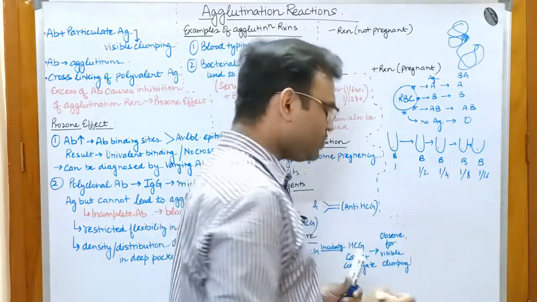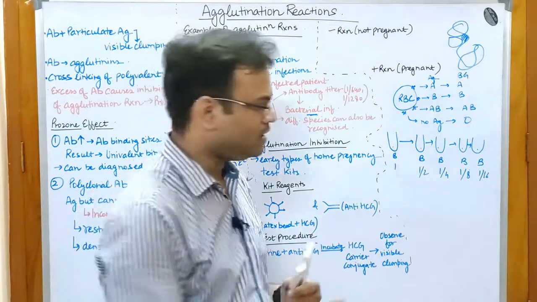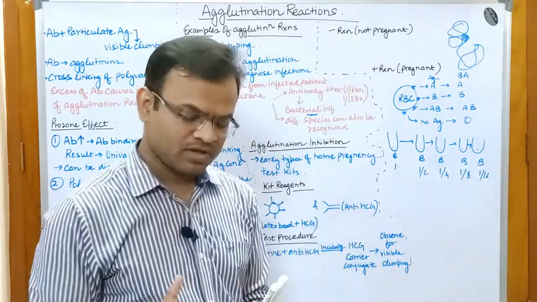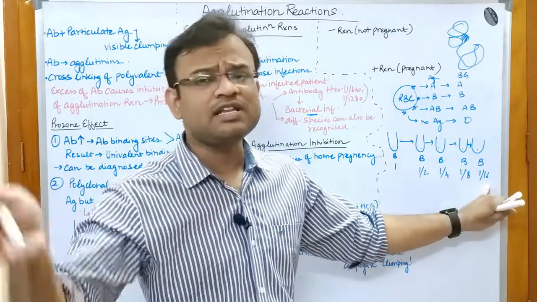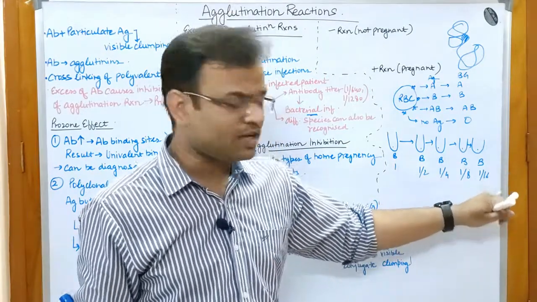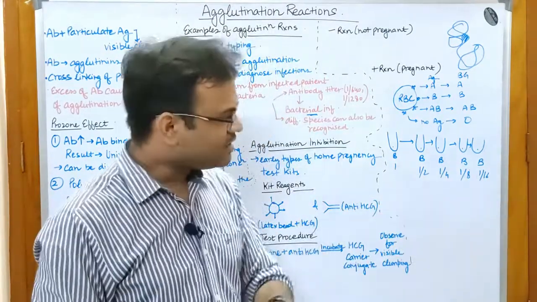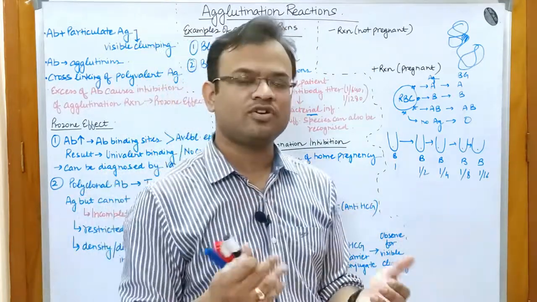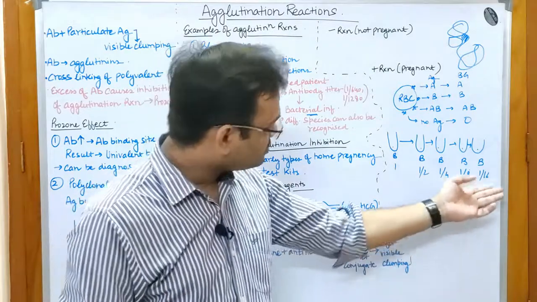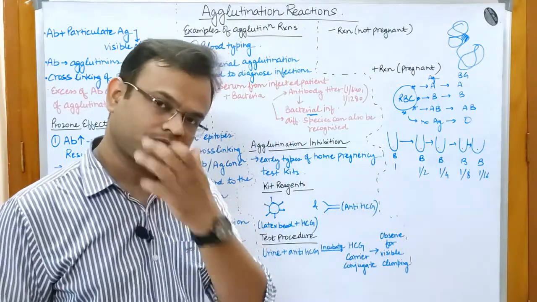So you are increasing the dilution. The highest dilution that still gives the agglutination, the clumping reaction, that is taken, and you make the reciprocal of it, or you make the inverse of it. That is called the antibody titer.